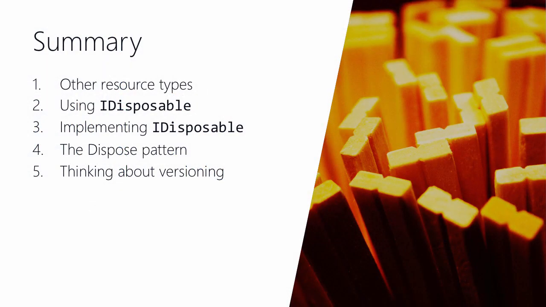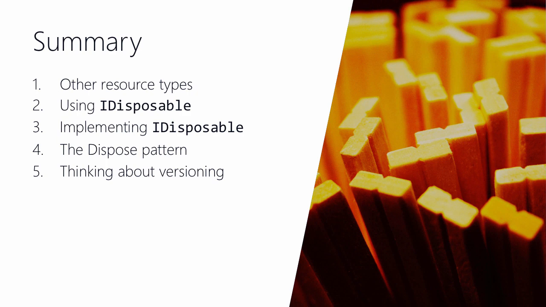So now you've seen the process of cleaning up our non-memory based resources, and the way that the system manages this using finalizers and the IDisposable interface, and then finally the Dispose pattern, all of those things together. So just in recap, we use finalizers to clean up native operating system resources. We use IDisposable to clean up both native and managed resources.